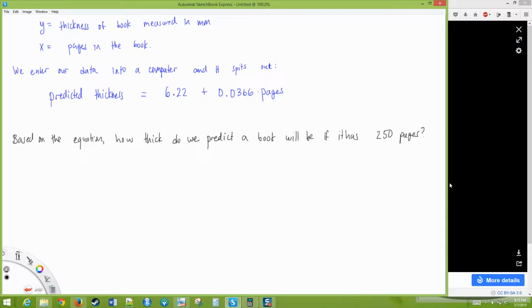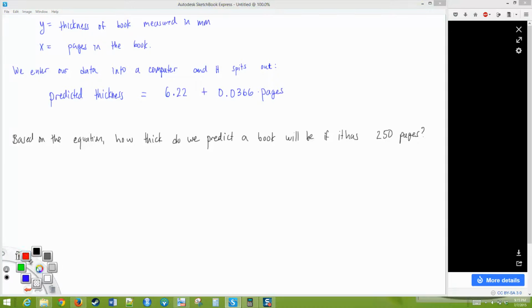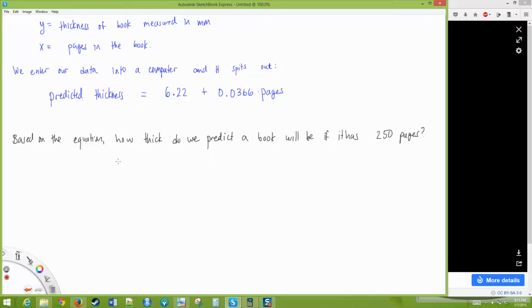We're going to use our prediction line. Here the variable pages is equal to 250, and we plug that into our prediction line.